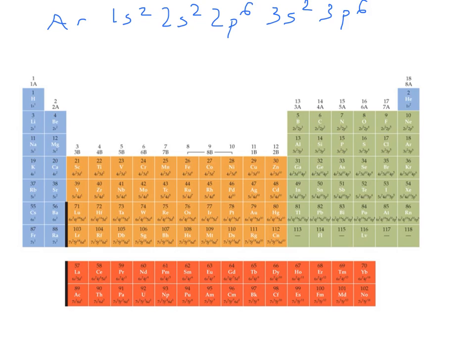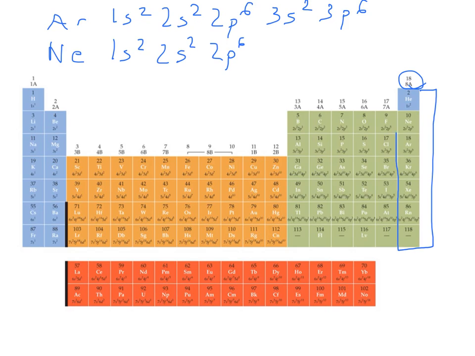If you look at these noble gases, and let me line up neon right below argon, remember noble gases are the term for group 8A elements.